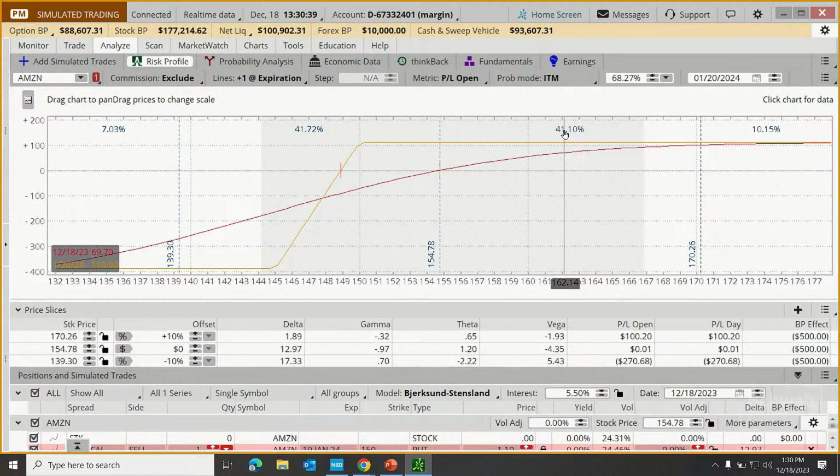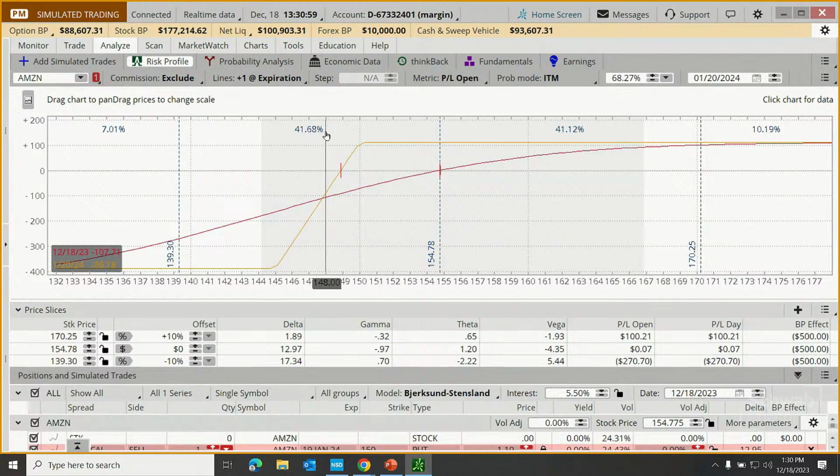What are these numbers? Well, these are telling us as of January 20th, in other words, as of the date that we selected here, there's a 41% chance that the stock lands between 154.78 and 170 and a quarter. There's a 10% chance that we land above 170 and a quarter.